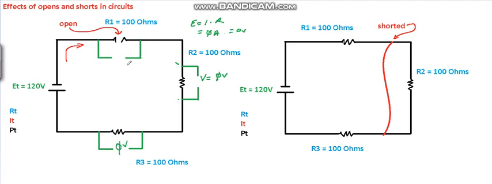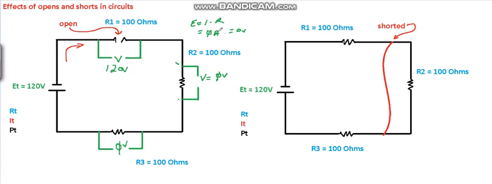So we look at this and we go, okay, the sum of my voltage drops around a closed loop must equal my total applied. But given that this is an open, my meter is going to see this potential here and this potential over there. So the voltage across this open is going to equal the applied, in other words, 120 volts.